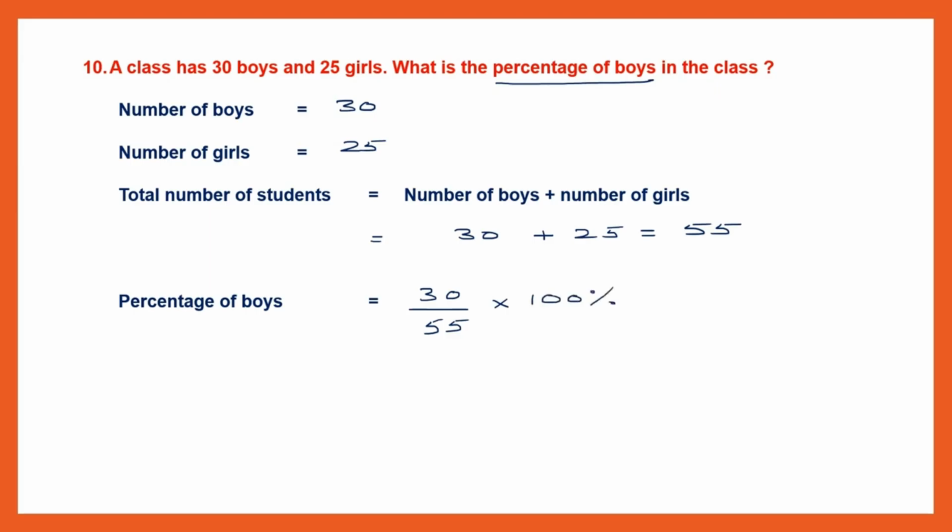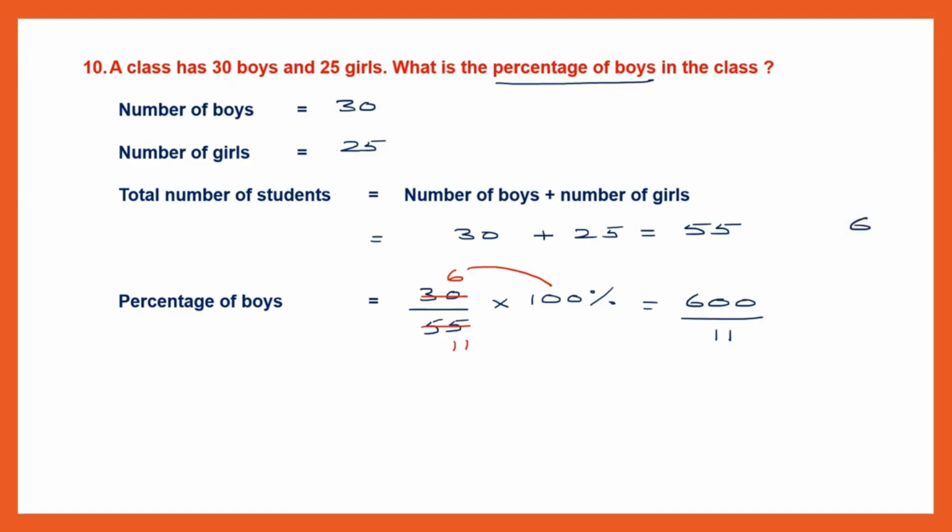Here it is a multiplication of fractions, so I can cancel 30 and 55 by 5. 5 sixes are 30, 5 elevens are 55. Now there's nothing else that I can cancel, so I'll multiply my numerators. 6 into 100 is 600 and the denominator is 11. Now I have to divide 600 by 11 to find the percentage of boys.